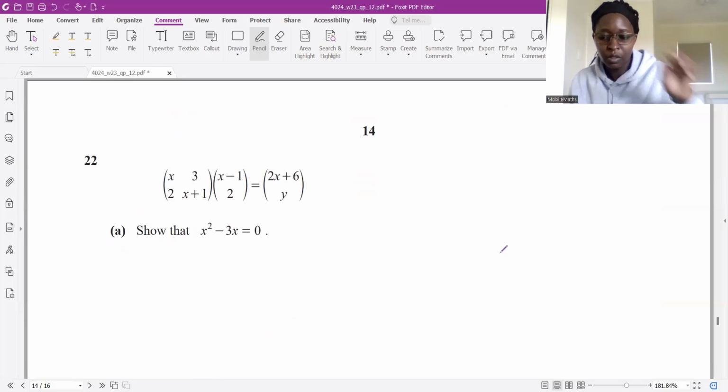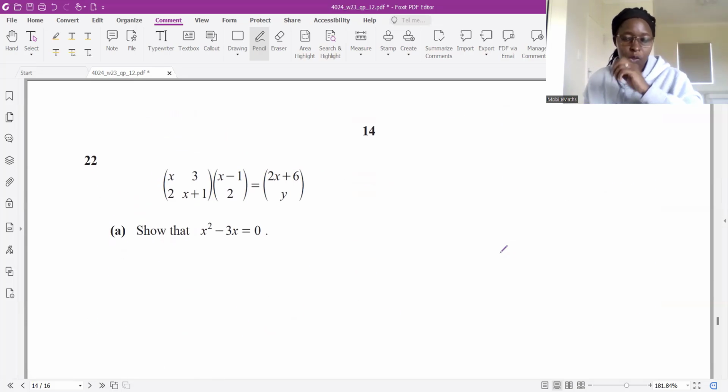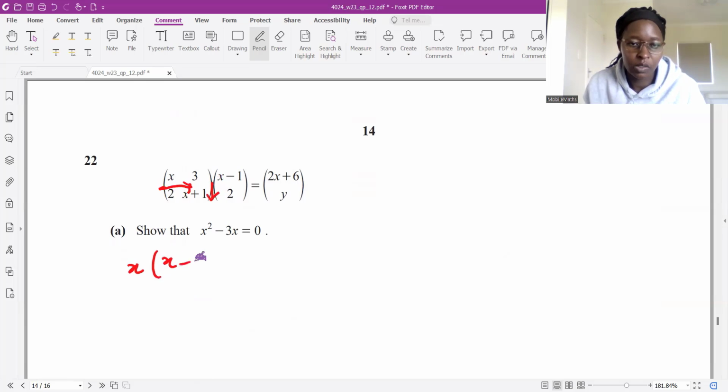Let's move on. For this one, they want us to show that x squared minus 3x is equal to 0. So I can do my row by column here and say x by x minus 1 plus 3 by 2 is going to be equal to 2x plus 6.